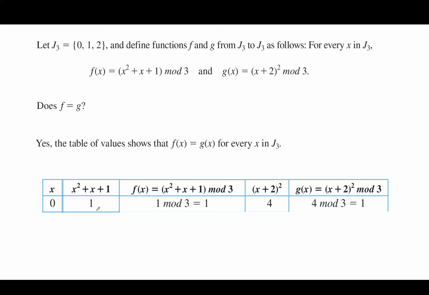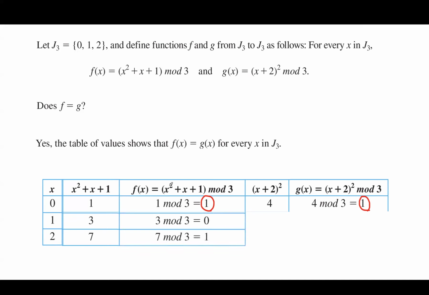So, as you can see, you have the same output values. You can plug in other values like 1 and 2 for x. Calculate your x squared plus x plus 1, and then f of x, which is x squared plus x plus 1 mod 3. You're going to get 0 and 1.